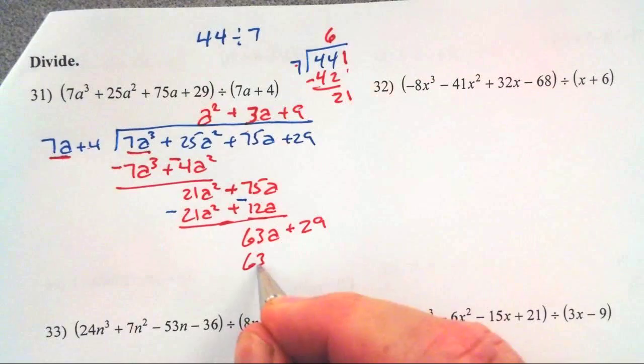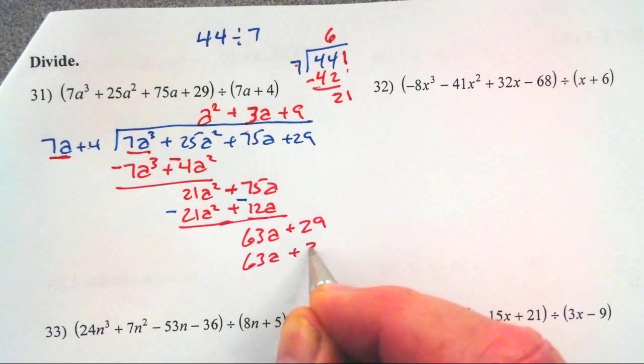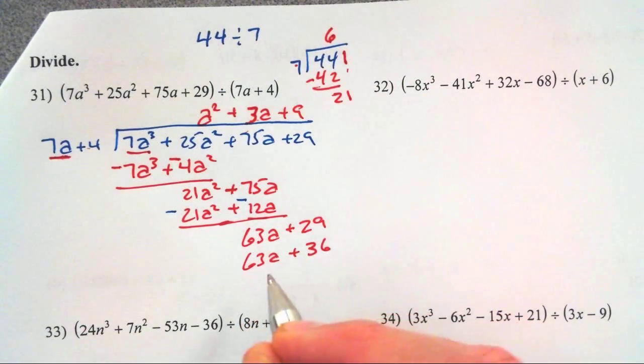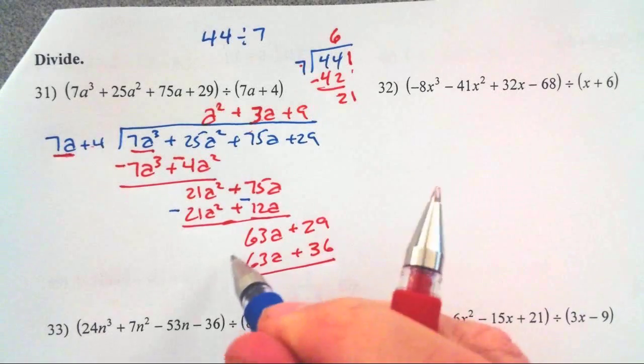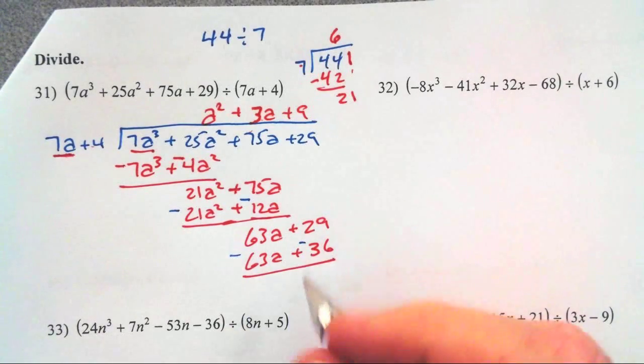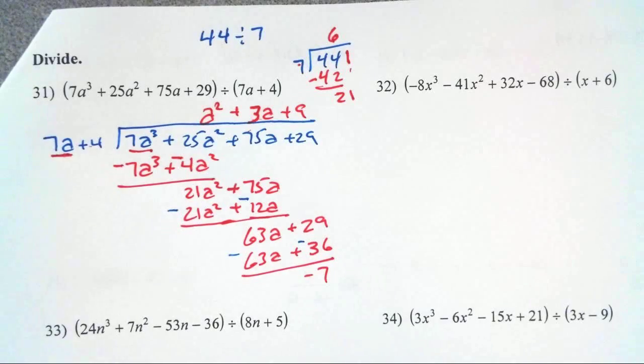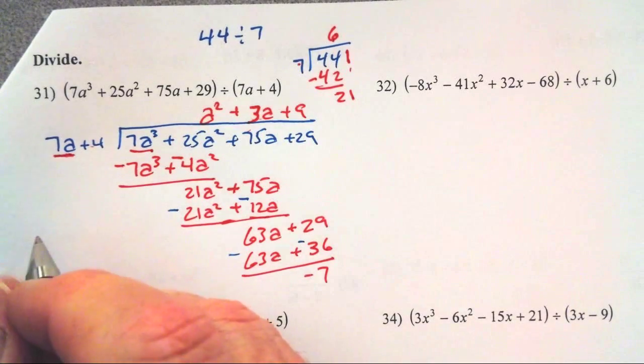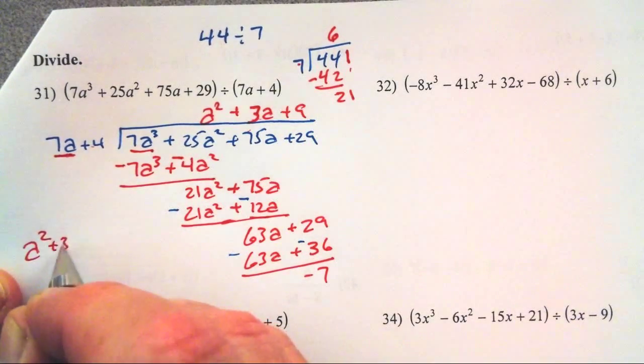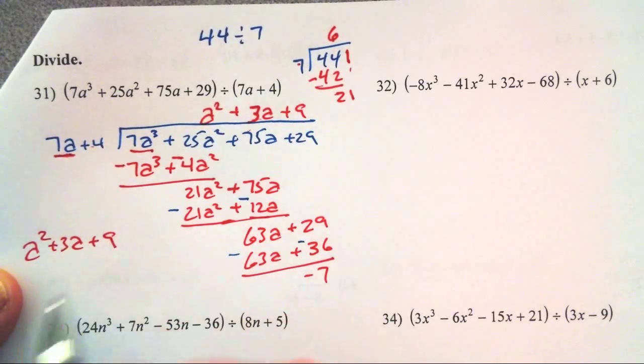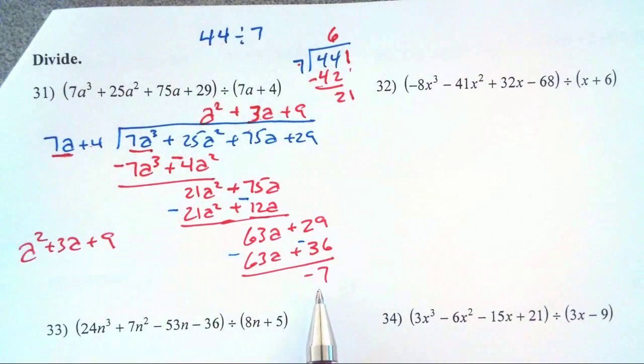And I get 63a plus 36. But I am subtracting those, and I'm left with a remainder of negative 7. So my solution is a squared plus 3a plus 9, and we might say remainder of negative 7.